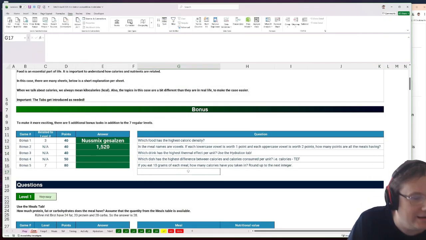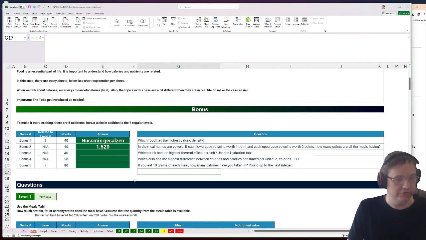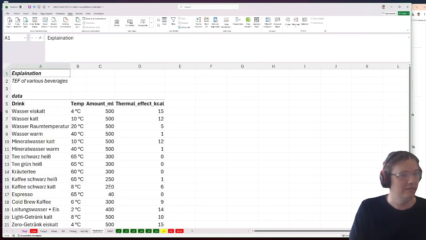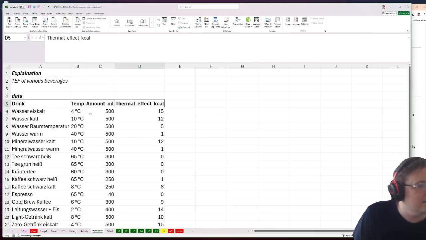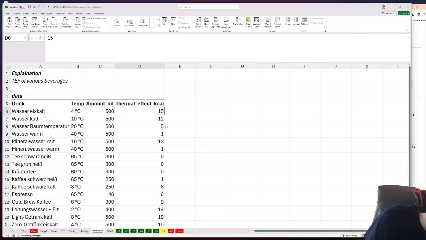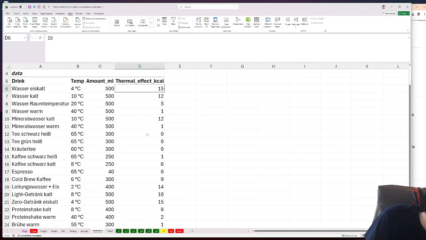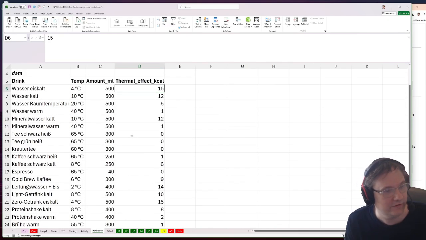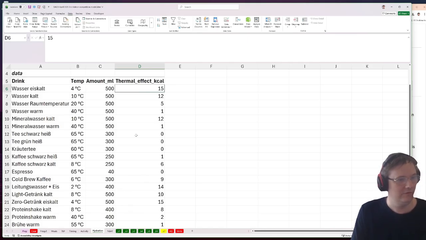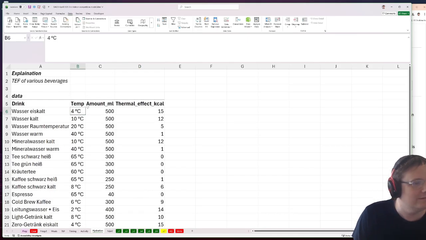Which drink has the highest thermal effect per unit? Use the hydration tab. Thermal effect kilocalories. So there's two that are tied for the most, for the amount. What does this even mean?